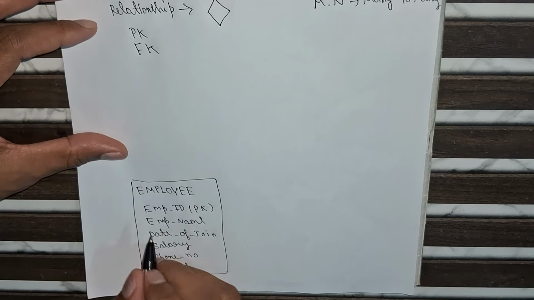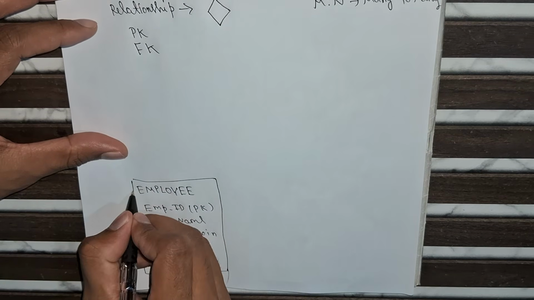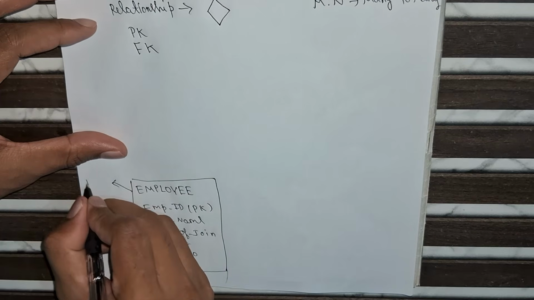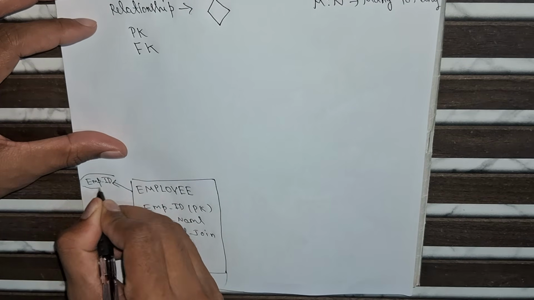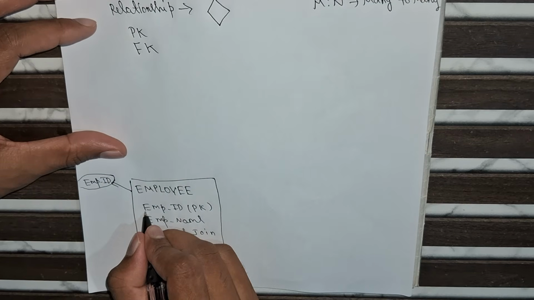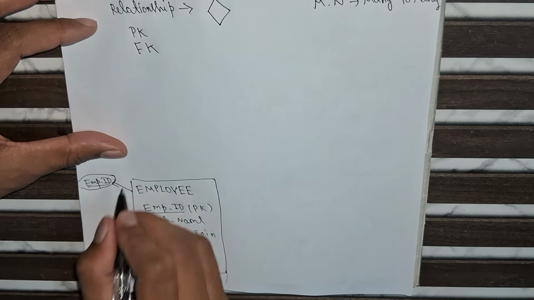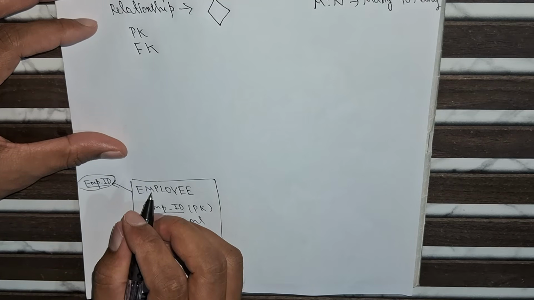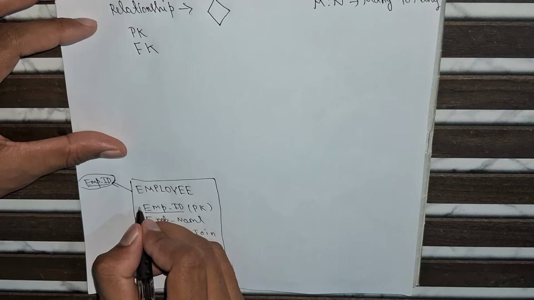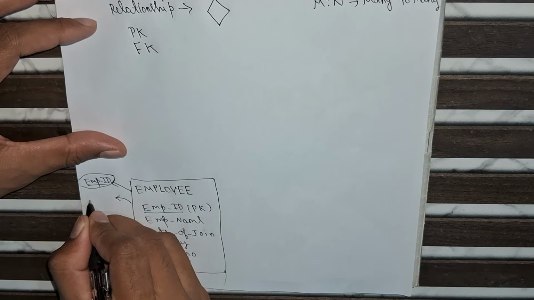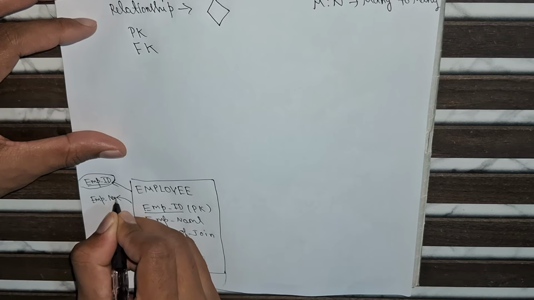Now under that, what are the attributes? We will write all the attributes here. So like this, employee ID we will write first under the ellipse shape, and this is our primary key, so we will underline this. We have to underline all the primary keys here. Now our next one, which is employee name, we will write it under ellipse shape again, employee name.